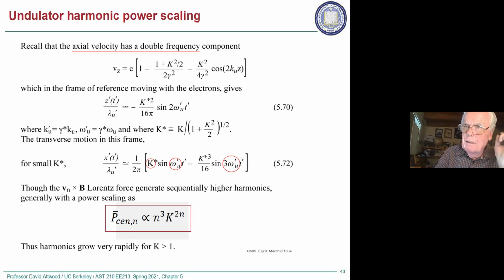So let's start it again. The VZ with the magnetic field produced a VX. The VX took energy away and produced a double frequency in Z. And now that double frequency in Z crossed with the magnetic field gives us another one in the X direction, but it's a triple frequency.